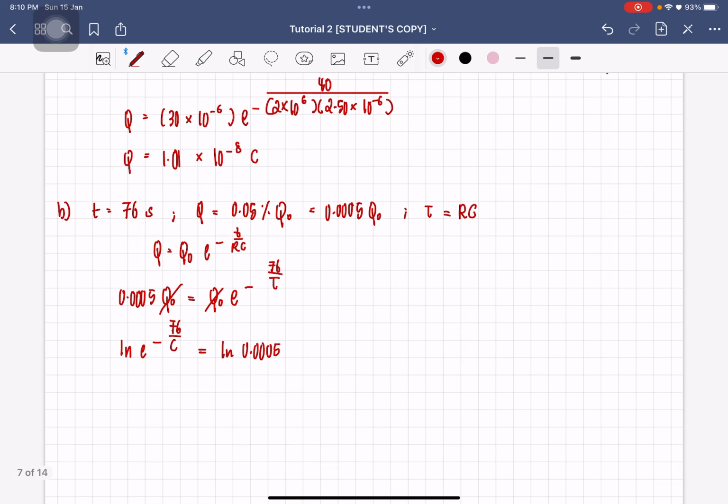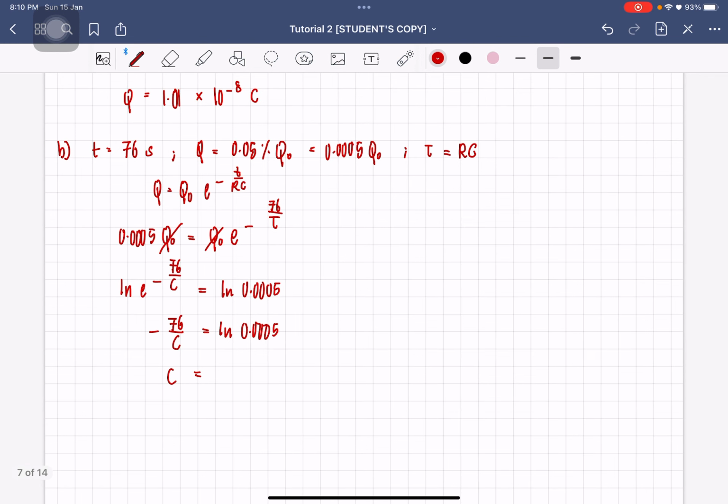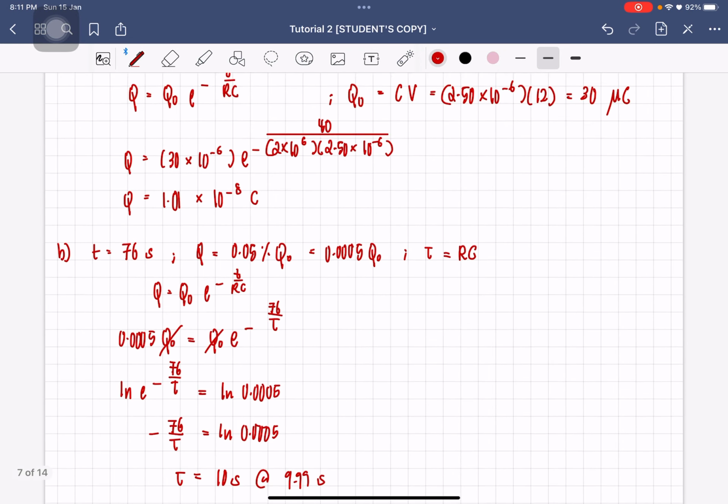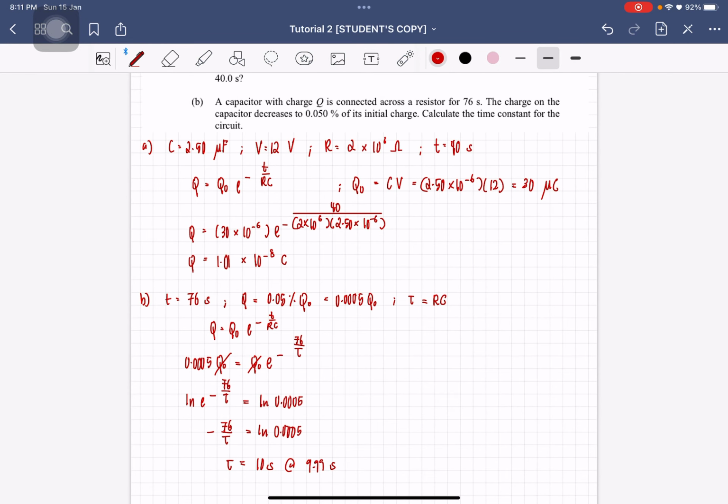So this will be negative 76 over tau, which will then give you the time constant to be equal to 10 seconds, or I think it was 9.99 seconds if I'm not mistaken, but then you just round it off to 10 seconds. Okay, alright, so that is on question number 7.